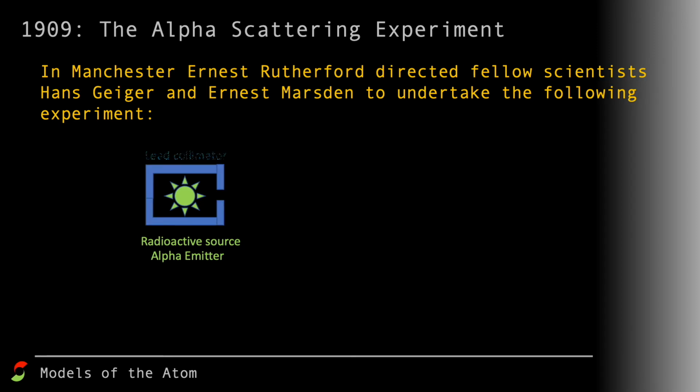They enclosed it in a lead collimator, just to ensure that all the radiation came out in a very particular direction, horizontally. Those alpha particles, which were the projectiles, were directed towards a thin gold foil.